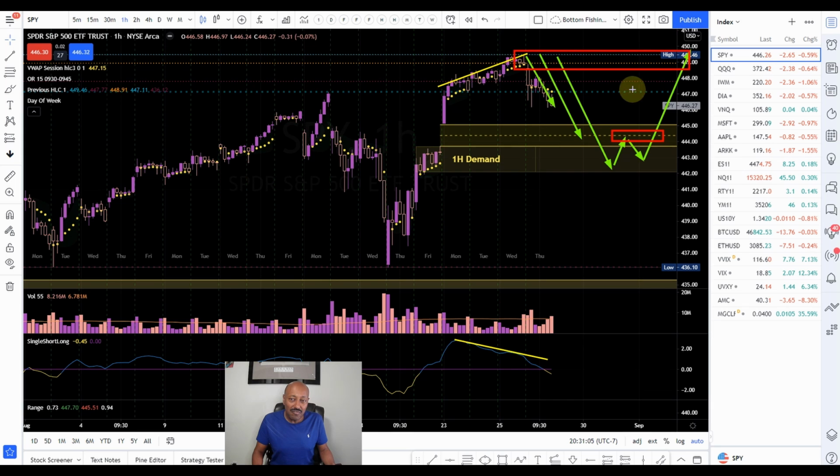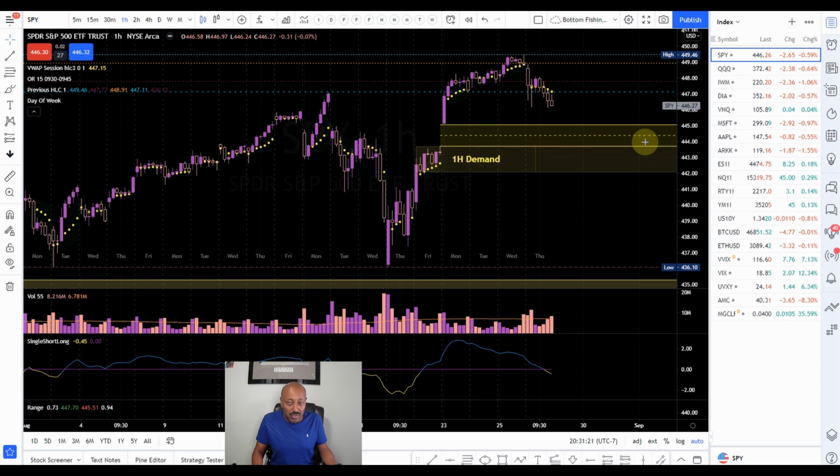Depending on how fast we get there, and what other candlestick patterns or chart patterns I see, based on that I will make a decision on where I want to exit. What I mean is, if I see trouble in this area, which is the high of last week, I might exit.